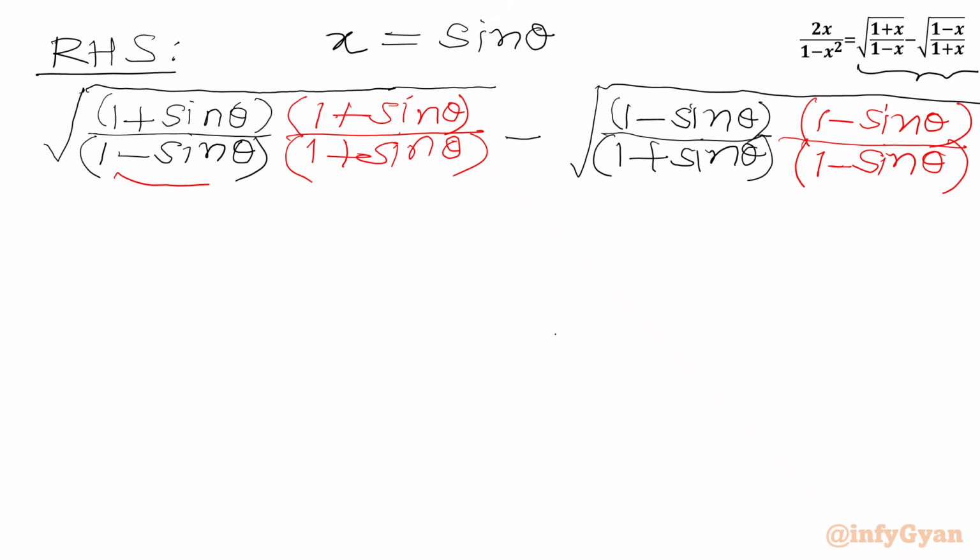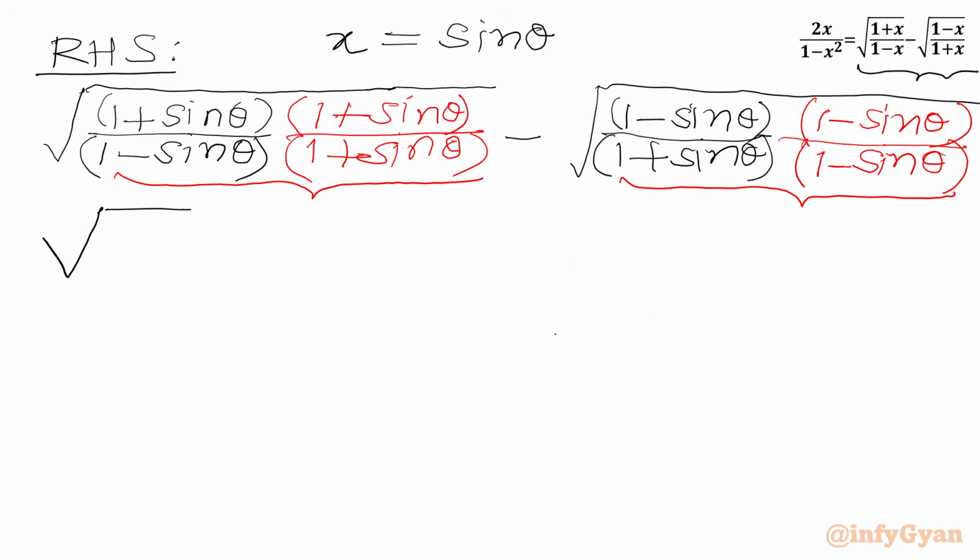Now you can see the denominator is of the form a minus b times a plus b, so we can write 1 minus sine square theta as per the difference of two squares identity.